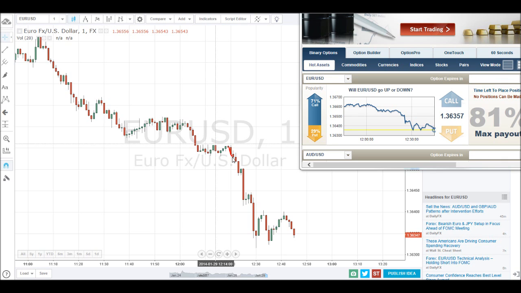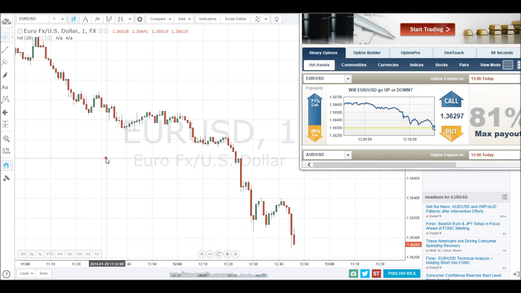But you'll notice we fall on the downside here, come up slightly, fall again, come up slightly again, and then we have this double bottom sort of pattern. This is the same here on TradingView. We come down, come up again, go down, come up, and here's our double bottom. And now we're heading on the downside again, which we are on the 1 minute chart.